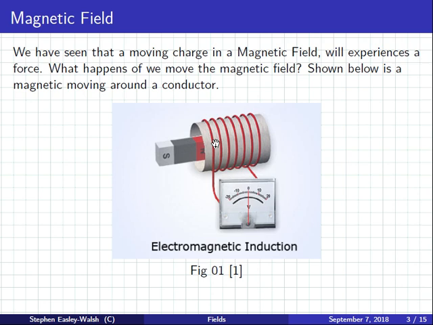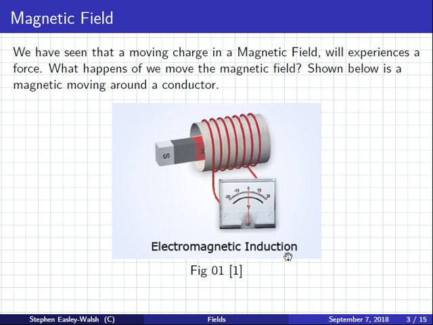You move the magnet in, you get a voltage. You move the magnet out, you get a voltage. You don't move the magnet, no voltage. So only when the magnet is moving will it make a voltage. And this is called electromagnetic induction.